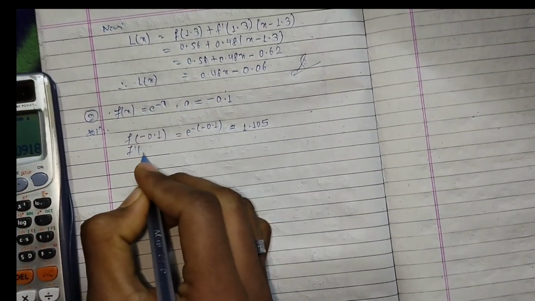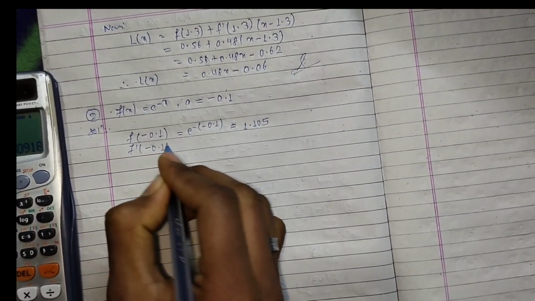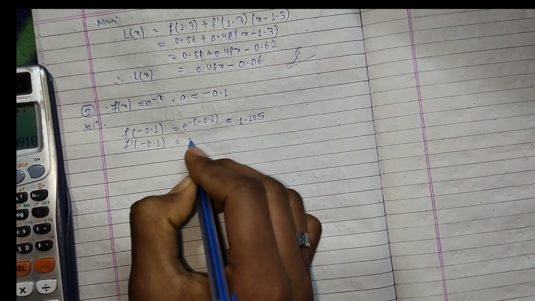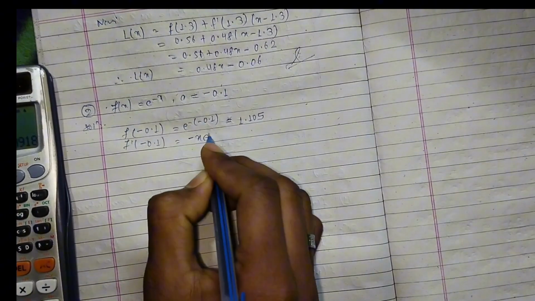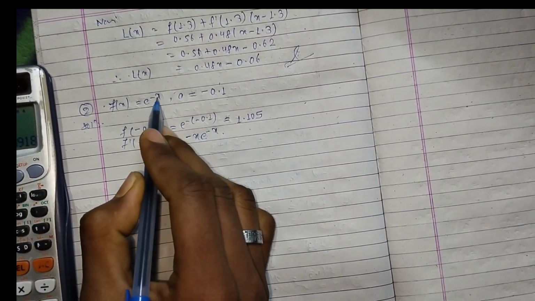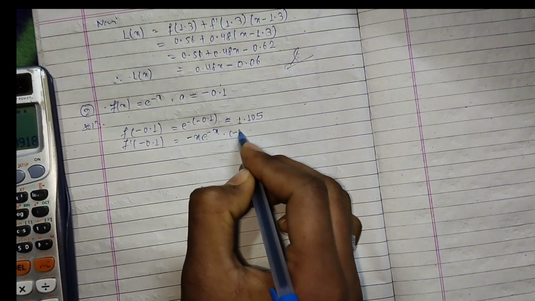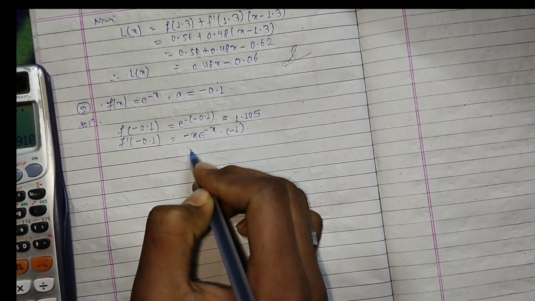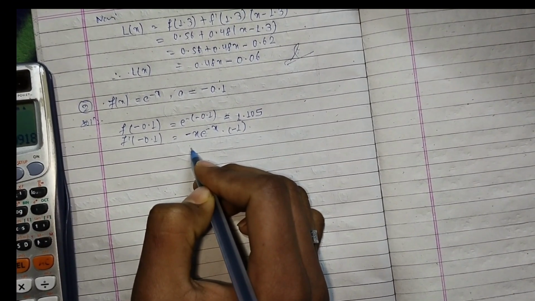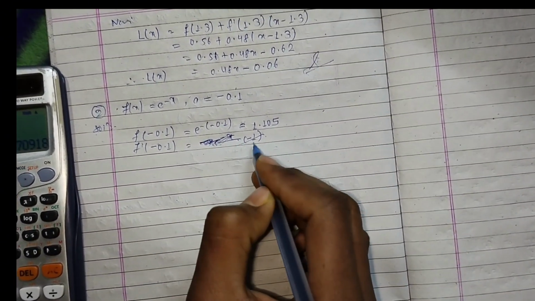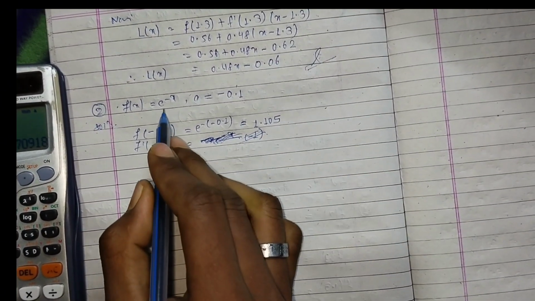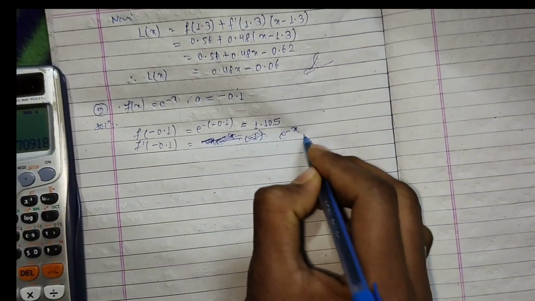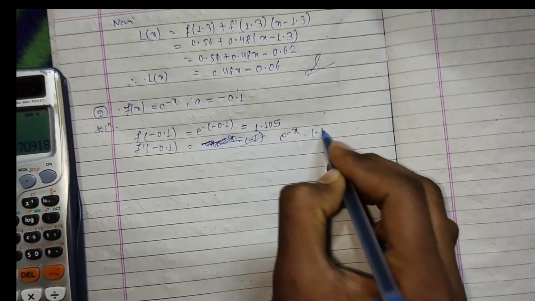And for f'(minus 0.1), first see the derivative: the derivative of e to the power minus x is e to the power minus x times the derivative of minus x, which is minus 1.